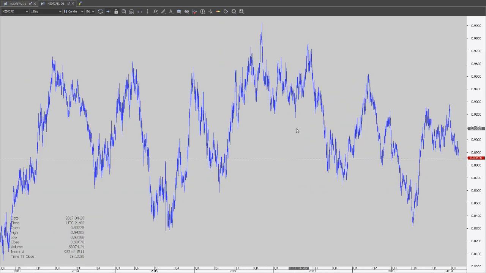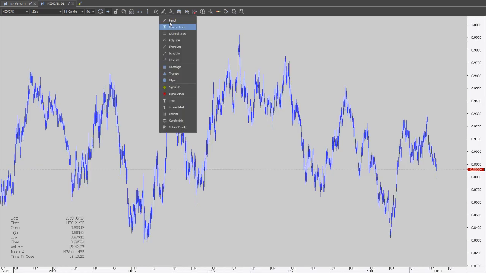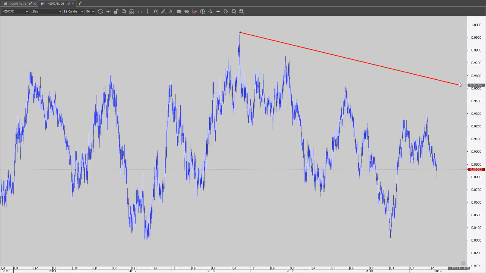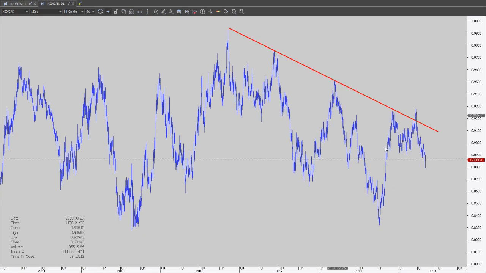So the downtrend on the daily chart started up in here. False breakout, of course. So far we are here. When the market is going to make a lower low, then we are going to adjust this trend line. But so far, it's like this.